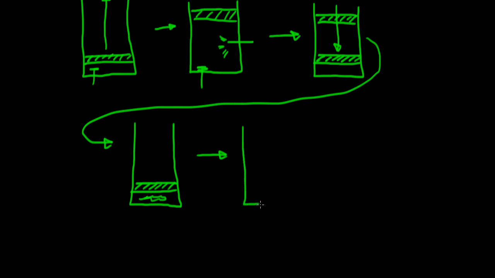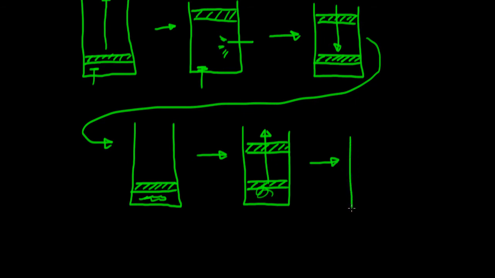Next, the cylinder moves through the power stroke, in which the cylinder moves to expand the volume, and work is done by the hot and high pressure gas that's contained inside.